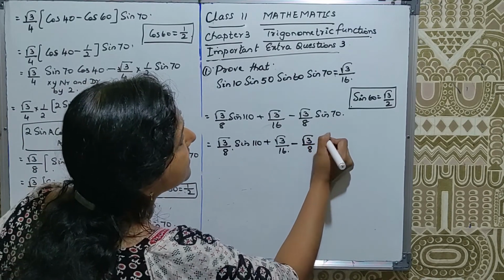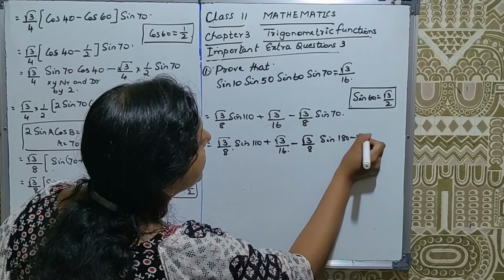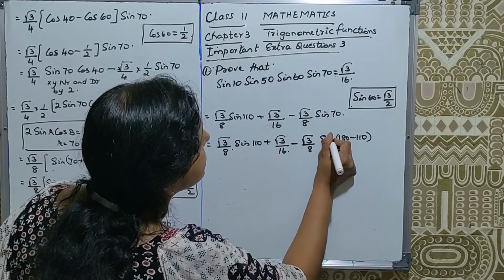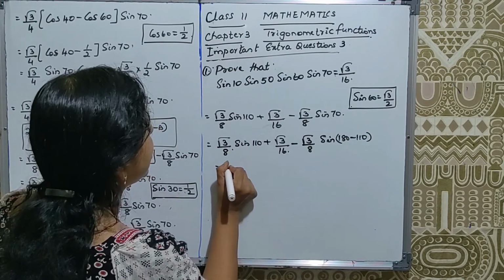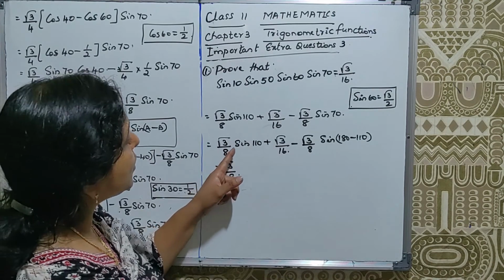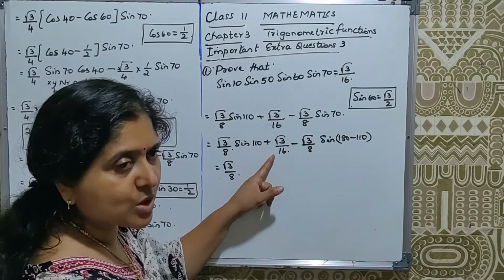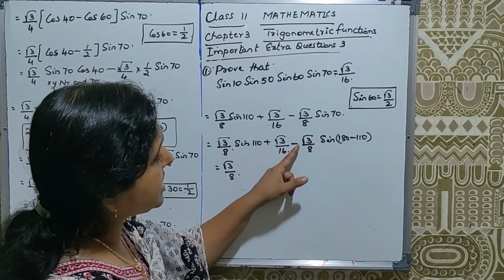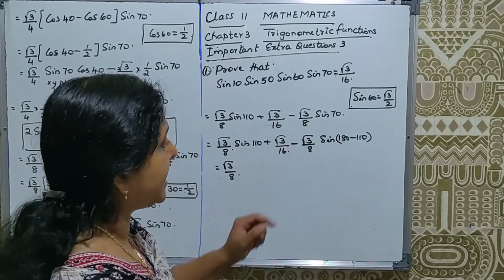I'll write sin 70 as sin 180 minus 110. We wrote root 3 by 8 sin 110 plus root 3 by 16, the required answer already, minus root 3 by 8 into sin 180 minus 110.